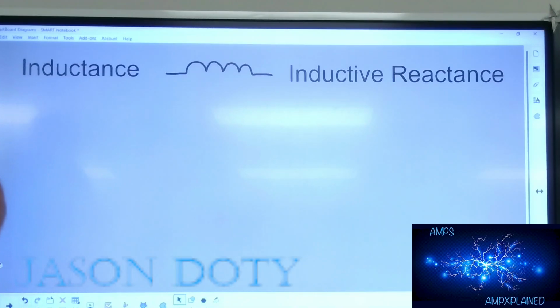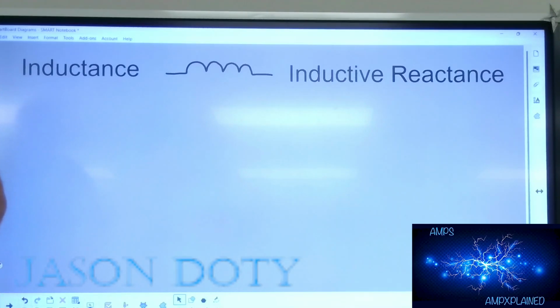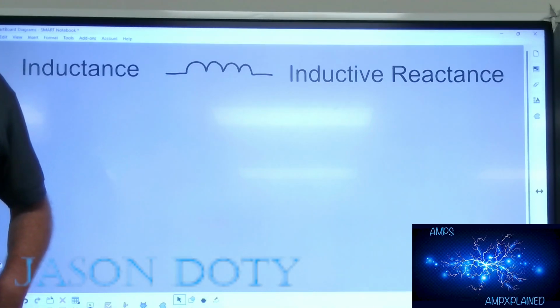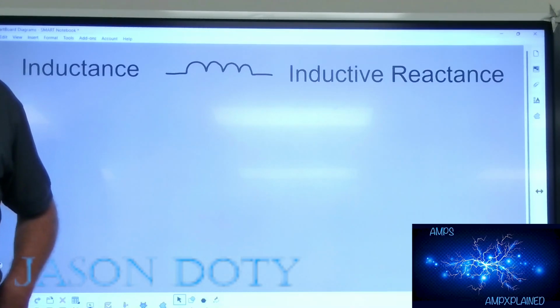The other formula we're going to take a look at today is a formula that we use quite often in our AC theory calculations, inductive reactance. We're going to take those henries and turn them into something we can use to make electrical calculations. Inductive reactance measured in ohms.